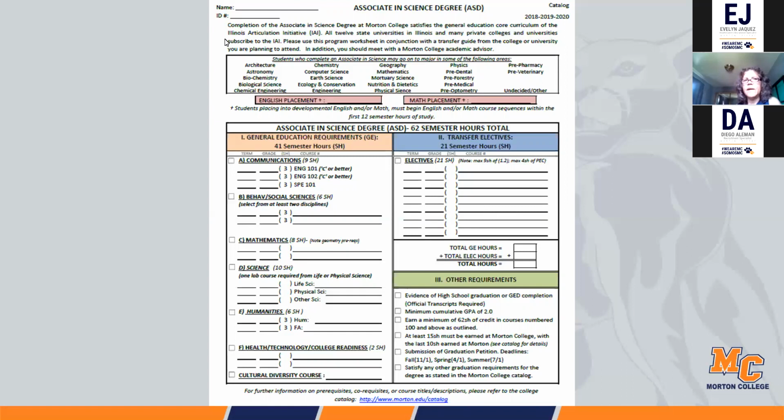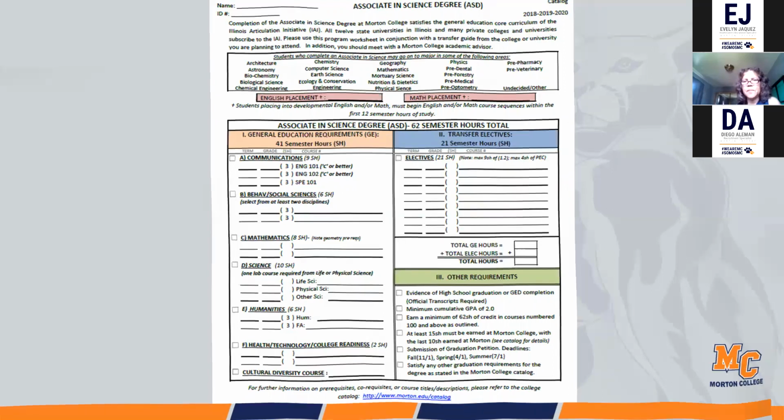They're all part of the IAI, which is the Illinois Articulation Initiative, which is a program or a committee that has met and talked about these classes and their transferability. So they will transfer. Let me move on to the next page now.